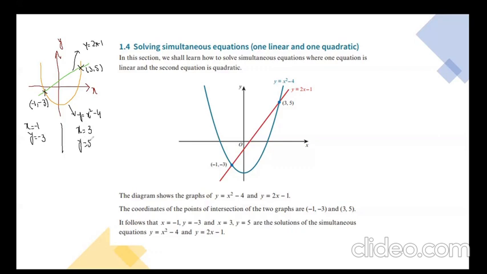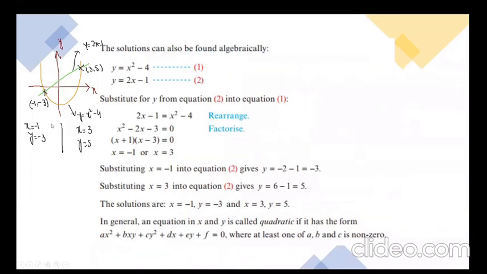Okay, now the solution begins. We have two equations, y equals x square minus 4 and y equals 2x minus 1. So as we know, y equals x square minus 4, this is my equation 1, and equation 2 is y equals 2x minus 1.